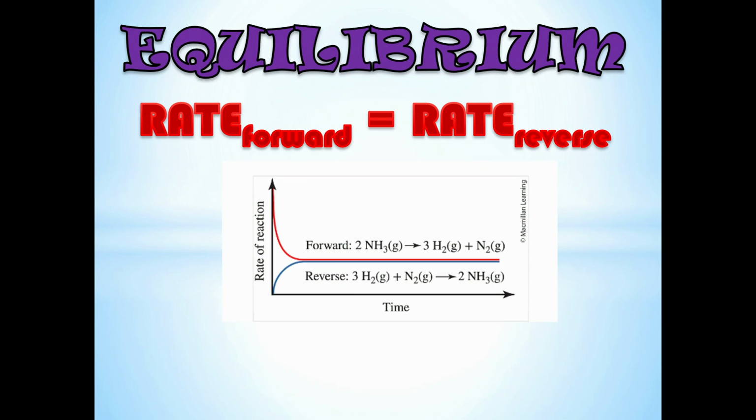So it doesn't look like that on this picture. What they should have done was overlap the red and the blue and made a purple line there. But at that point, the forward reaction, this is the decomposition of ammonia, and the reverse is making ammonia back. And NH3 goes down and the rate slows down. The reverse reaction rate increases as we get more products until the two of them equal.